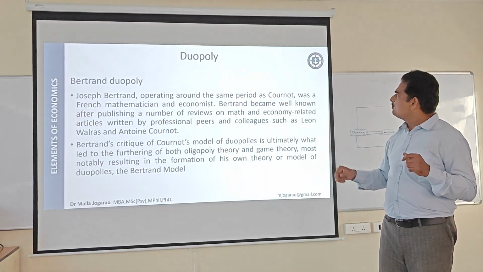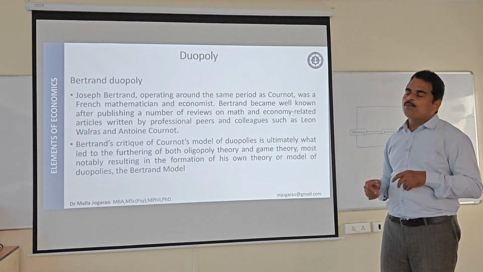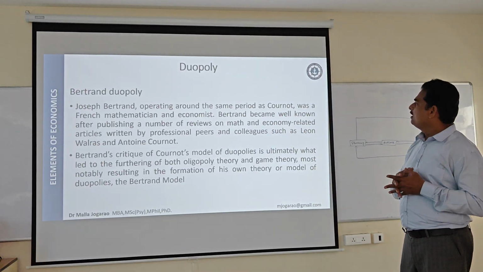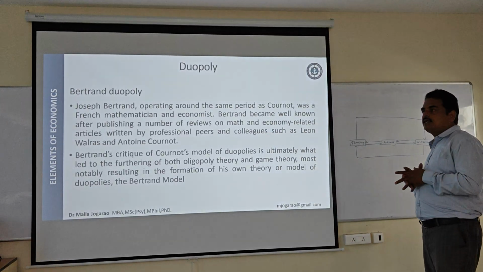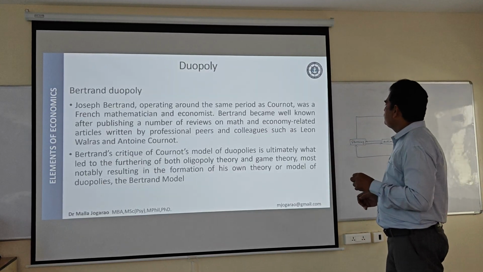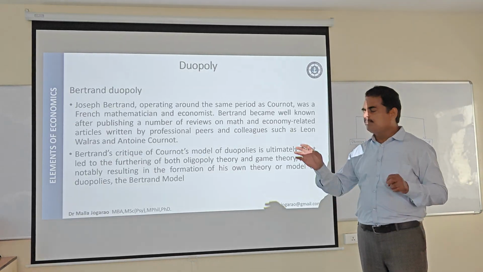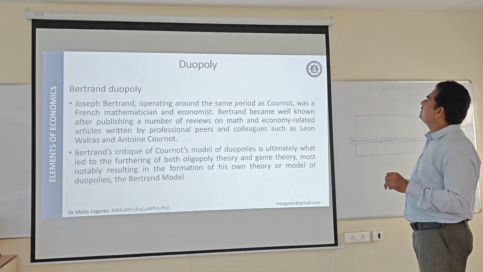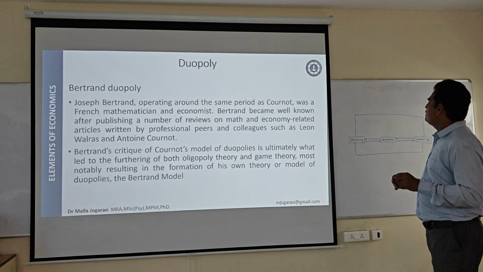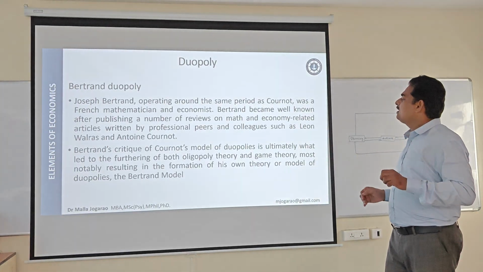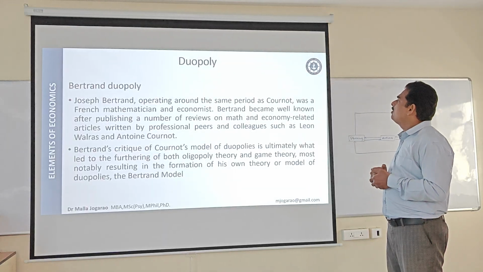And coming to the next one, here is the Bertrand duopoly. This is Joseph Bertrand. He was also a French mathematician as well as an economist, and he published reviews and economics-related articles, and many books and papers. The main critic of the Cournot model of duopoly, he identified and further developed this model.